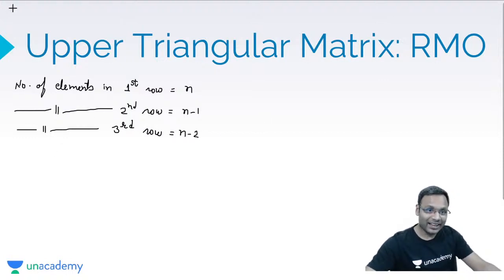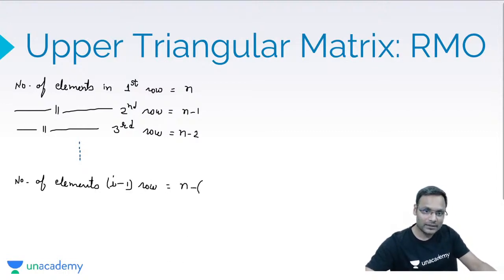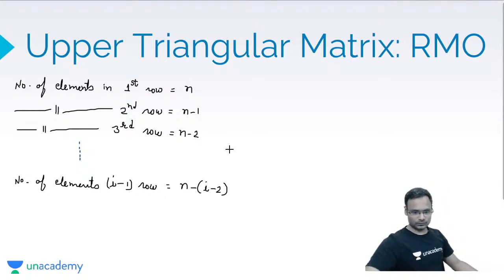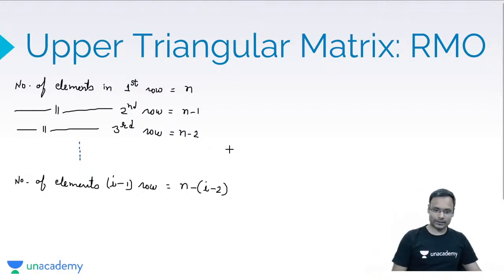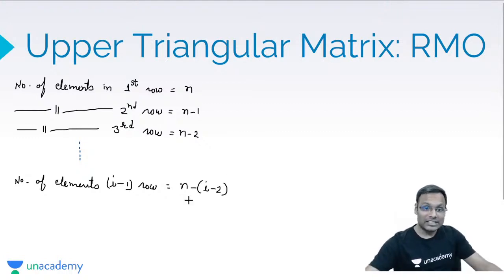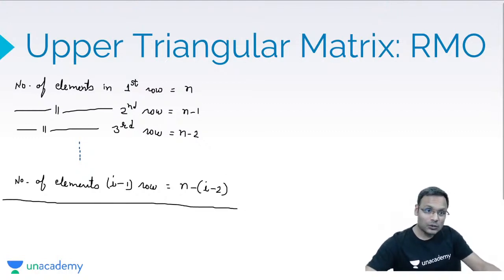If that is so, how many elements should be there in the I minus 1 row? The answer will be n minus I minus 2. Now just add all these values.